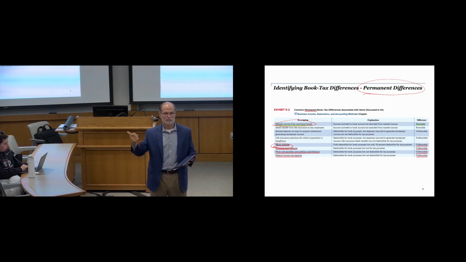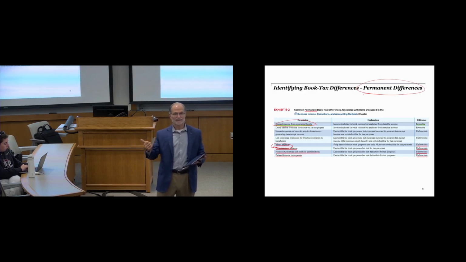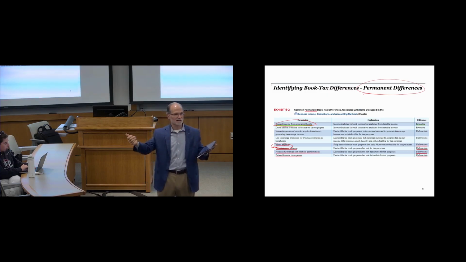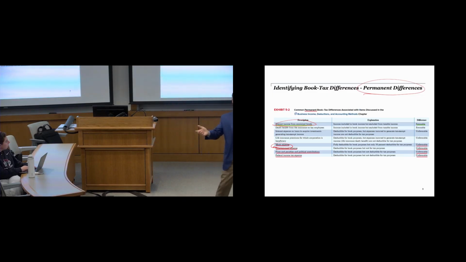It's permanent, because you're never going to get that other 50% deduction. Is it favorable or unfavorable? This one is unfavorable, because now we're adding back an expense for book purposes that's not deductible for tax. It's going to cause my taxable income to go up. Okay? So you're seeing how your brain has to be rewired to be effective in this area.